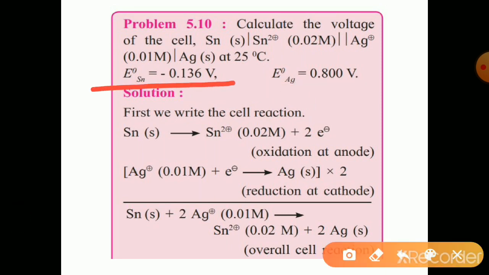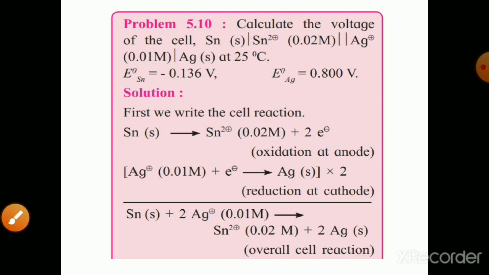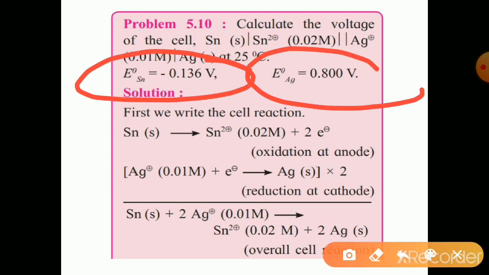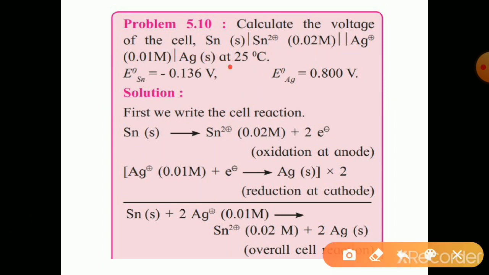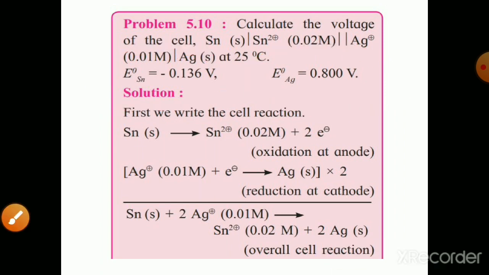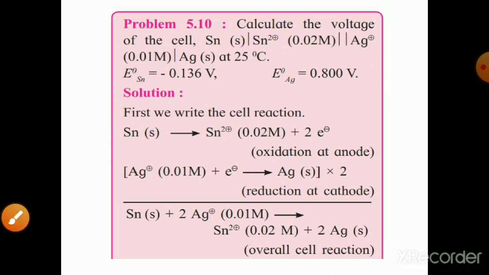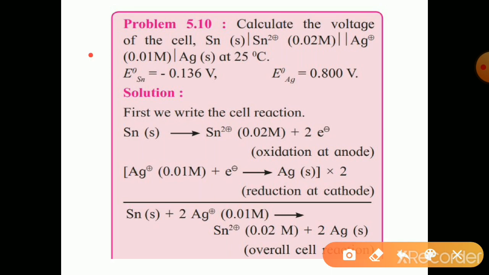Standard reduction potential of tin and standard reduction potential of silver are given. This is not the oxidation potential, it is the reduction potential, standard reduction potential. We call this the standard potential. This is also standard potential. So standard potentials of these electrodes are given. It is asked to calculate the cell potential.